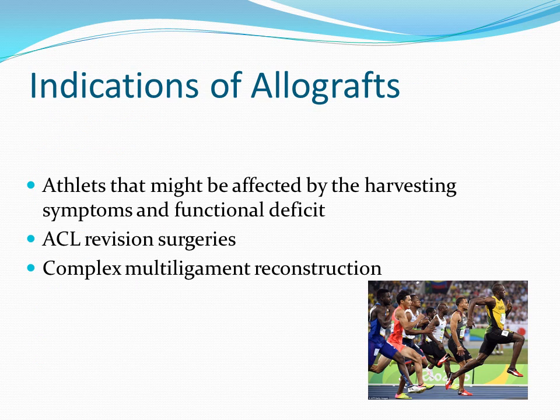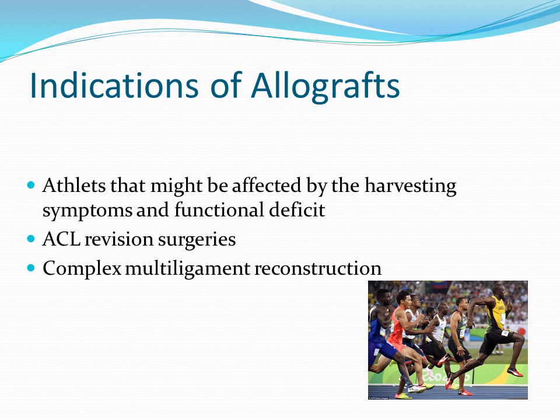Indications of allografts: athletes that might be affected by the harvesting symptoms and functional deficit. Look at the picture. The winner is bold. And if an autograft is used, even the slightest amount of hamstring weakness or anterior knee pain can result in loss of his performance.